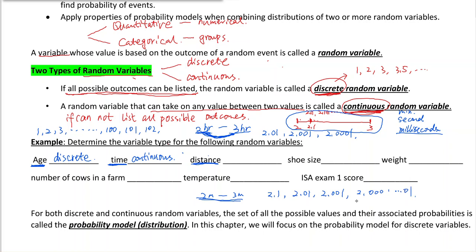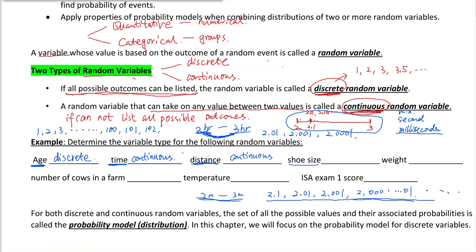Depending on how accurate your measurements are, you can always have many possible outcomes that you cannot list out. So distance is also continuous.